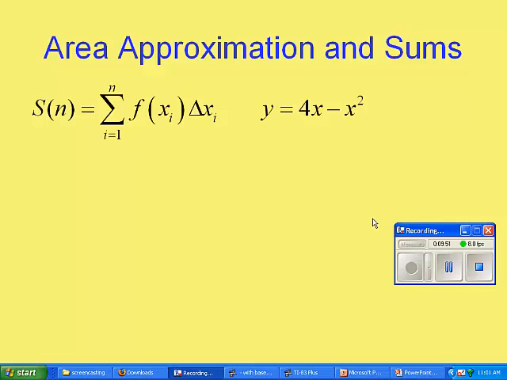So I'm going to talk about what area approximation has to do with what are called sums.